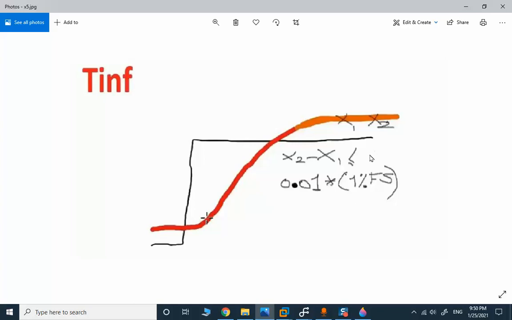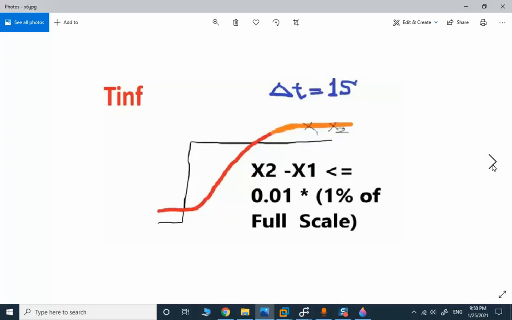We reach T infinity if the slope of the reaction curve is getting close to zero, or in some cases if the difference between the points is less than or equal to 1/100th of 1% of full scale, it's acceptable to consider it as T infinity.